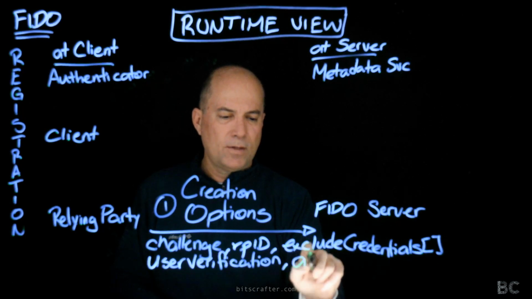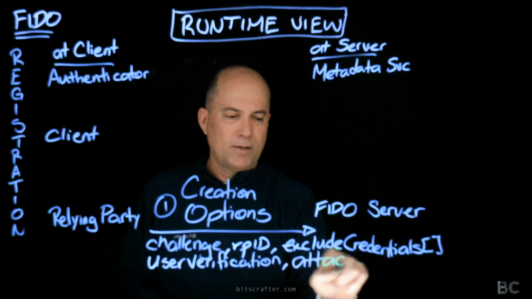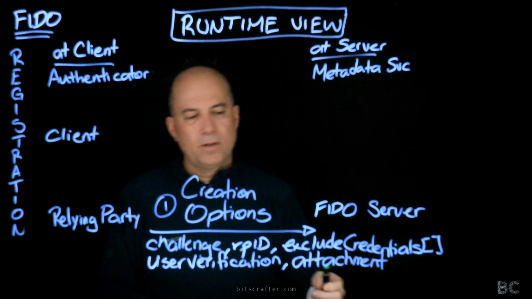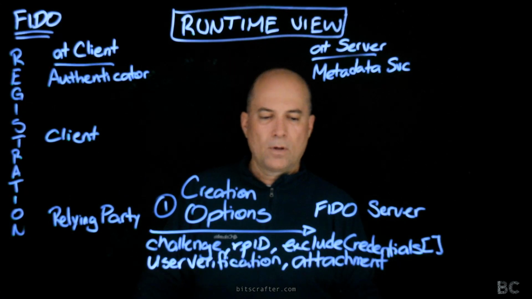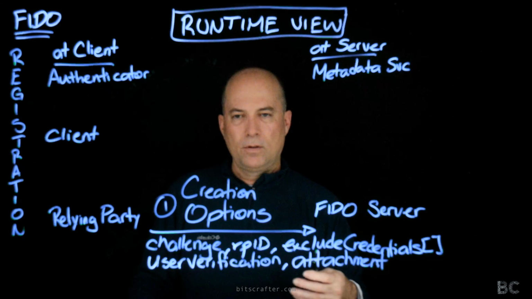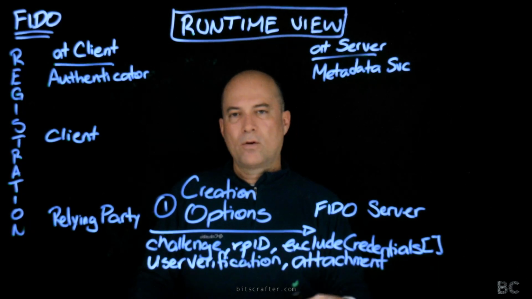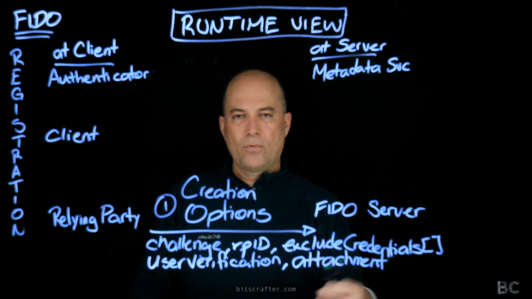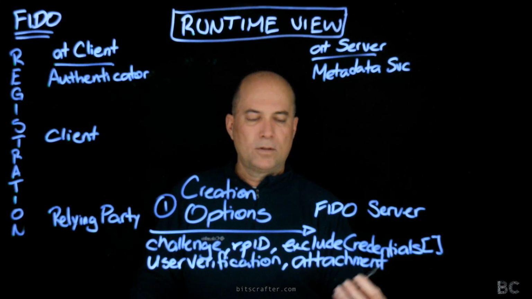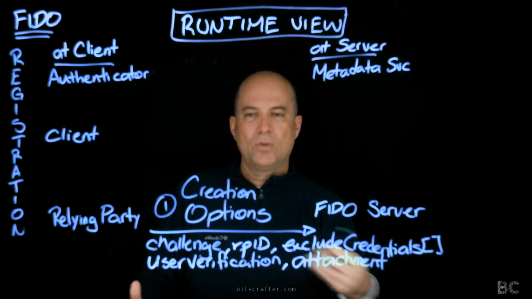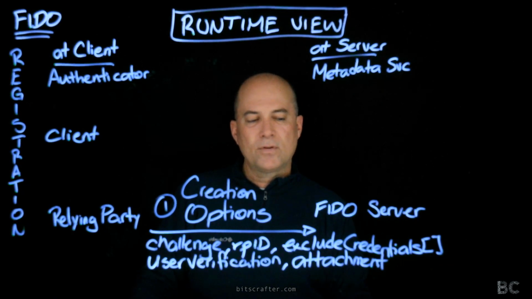Another one is the attachment. The attachment is to say, I want this FIDO credential to be on a platform authenticator or on a cross-platform authenticator, for roaming authenticators like security keys, or both. So the RP can choose what is the preference.